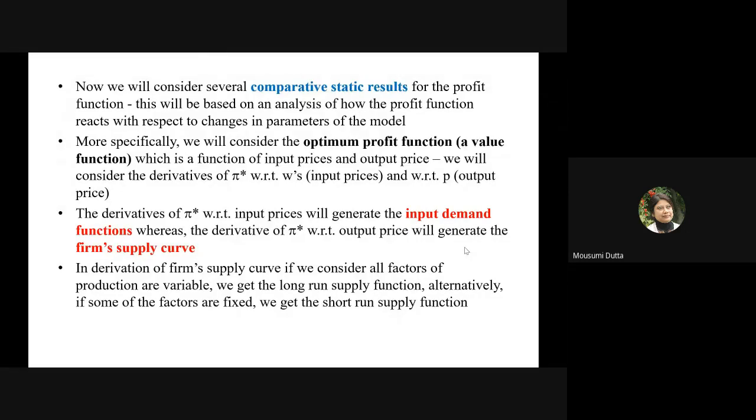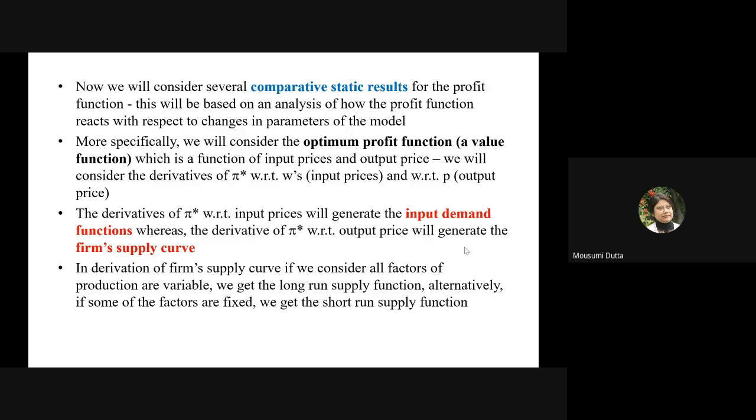So later, when we go for constrained optimization, many a time we will consider output maximization subject to cost, and many a time we will go for cost minimization subject to output. So in one kind of problem, labor and capital will appear as the parameters. In another kind of problem, W and R will appear as the parameters. Okay. So in different circumstances, different parameters may appear.